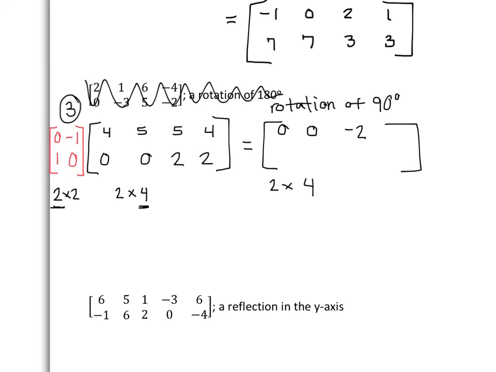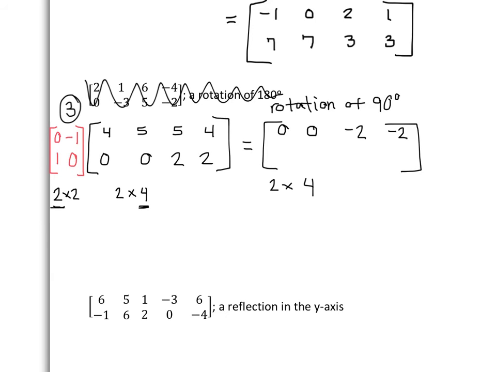If you would like to write out more work, go for it. What's the last element on that top row going to be? 0 times 4 is 0 plus -1 times 2 is -2. So that ends up with -2.